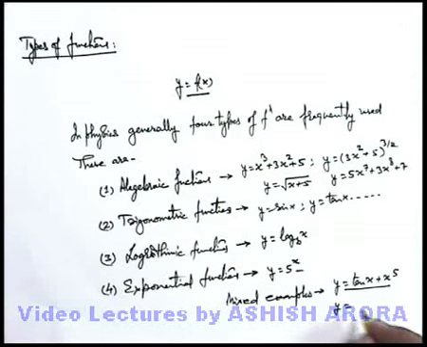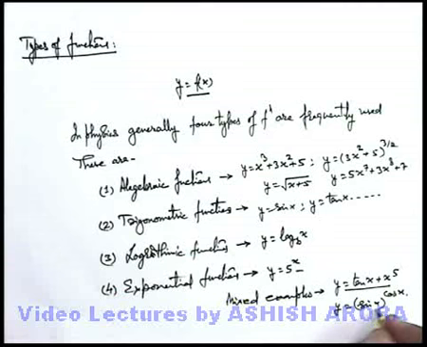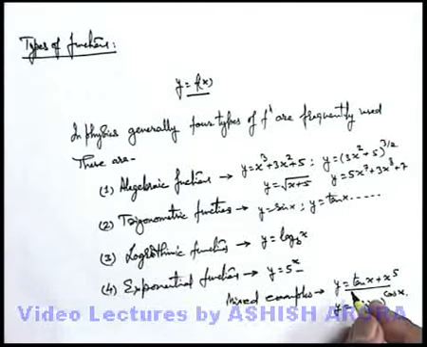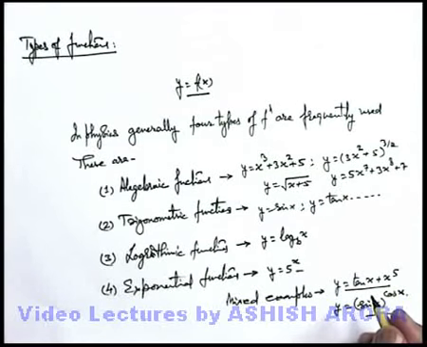Like we can consider y is equal to sin x to power cos x. Here also you can say there are trigonometric functions and the power of the function also contains the variable term x. So this is a mixed function of trigonometric as well as exponential function. So these are the various kinds of functions which we are going to use extensively in physics.